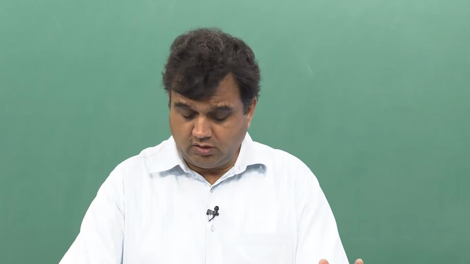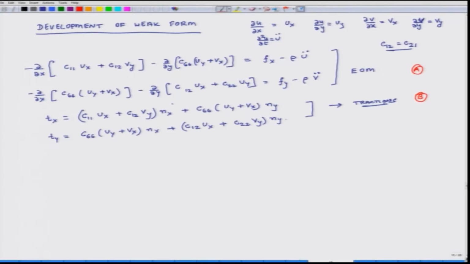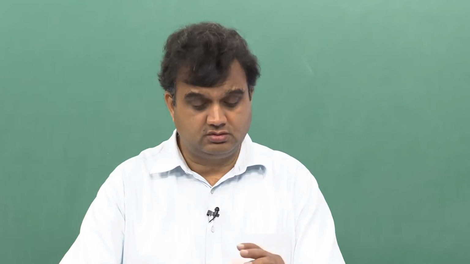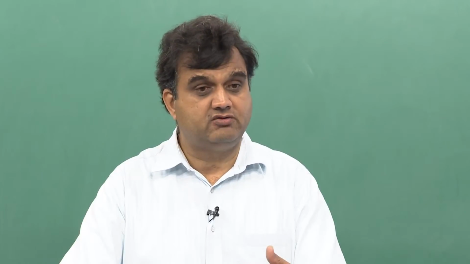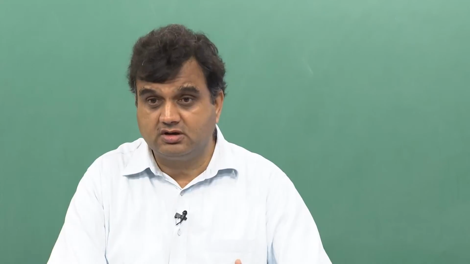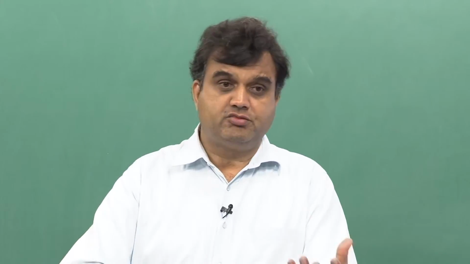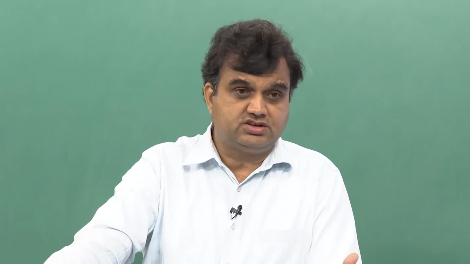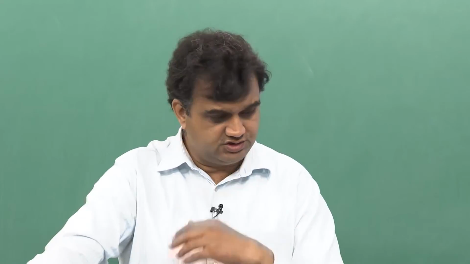So, both these equations will be multiplied by 2 different weight functions W1 and W2. The first equation will be multiplied by weight function W1, the second equation will be multiplied by weight function W2. Then we will compute the weighted residual, and then we will weaken the differentiability.